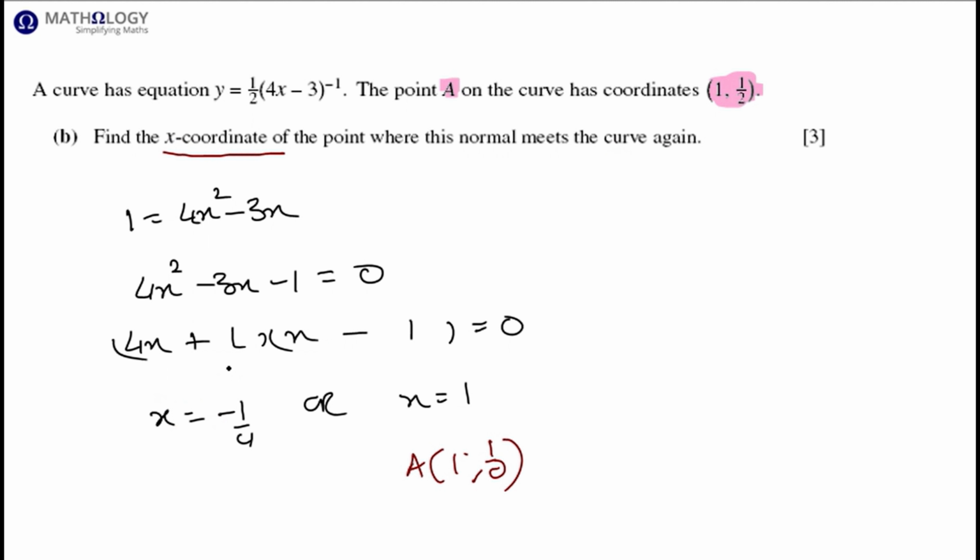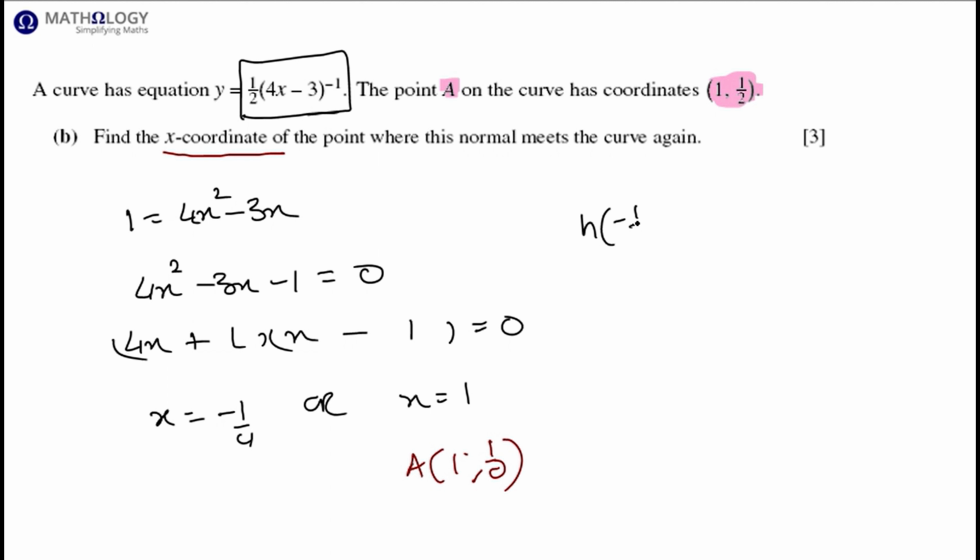But just for completeness' sake, we're going to find the point where the normal meets the curve again. So we're going to substitute -1/4 into, well, you can substitute it into f of x, but it would be far easier and simpler to just substitute into the normal, h.